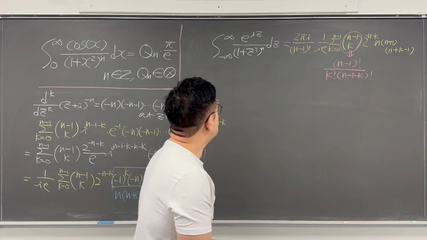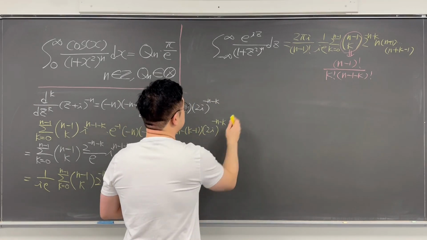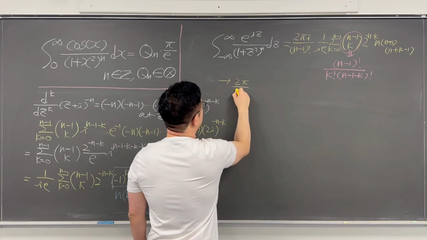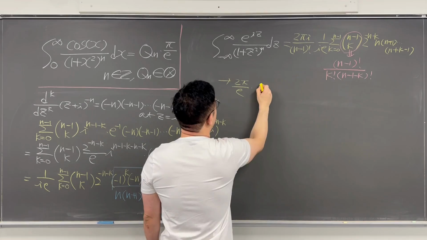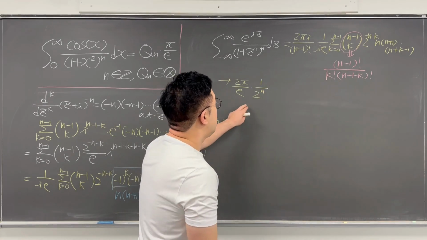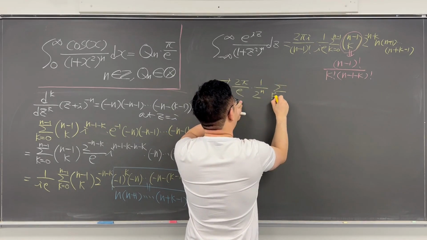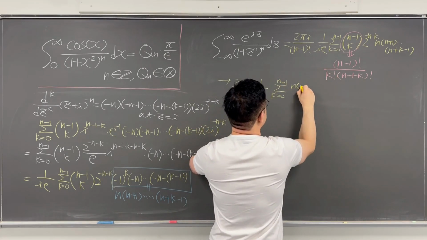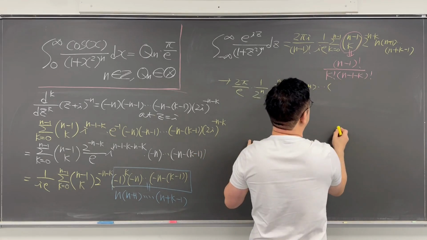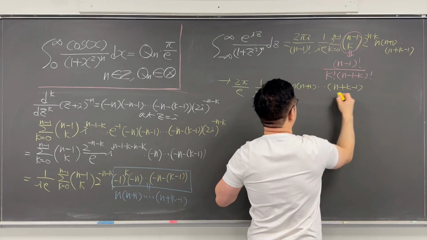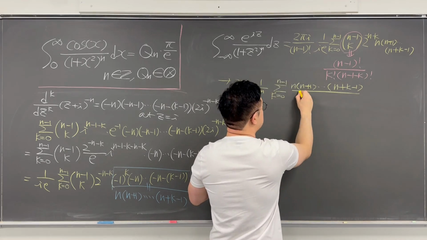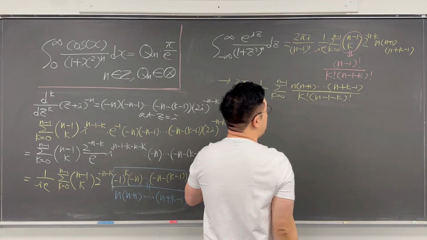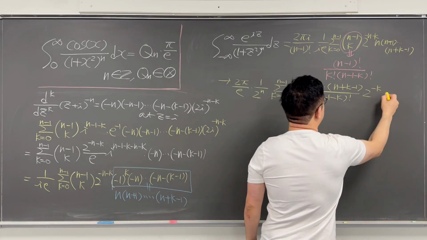So using this, we can also rewrite that expression as 2 pi over e, and then that times 1 over 2 to the power of n, times summation from k is from 0 to n minus 1, that times that expression, n times n plus 1 times all the way up to n plus k minus 1, over, denominator has to be simply k factorial times n minus 1 minus k factorial. And of course, you need to multiply 2 to the power of negative k right next to it.